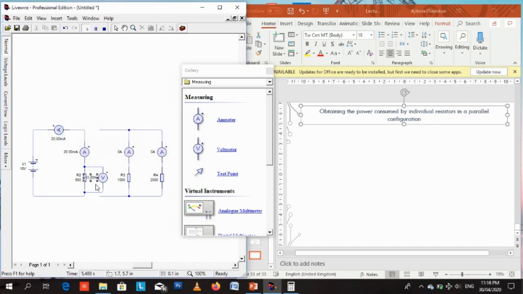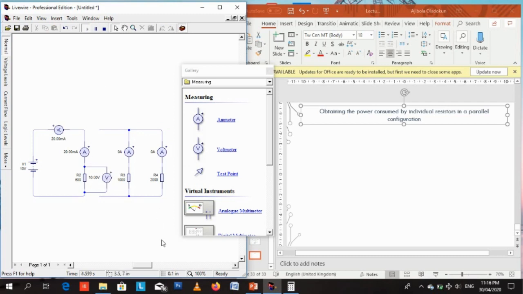Remember the formula for power. The formula for power consumed by a load is IV. That is P equals IV. So for each resistor, you need to know the current through that resistor and the voltage across that resistor. To calculate the power consumed by R2, you need I2 and V2.